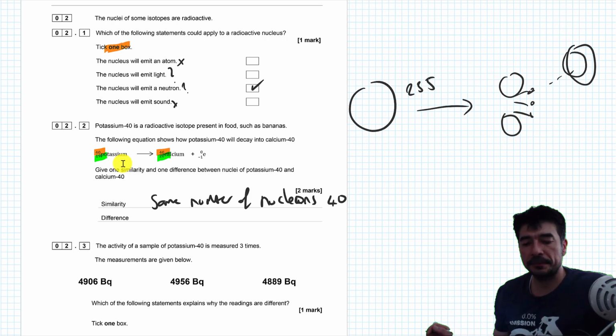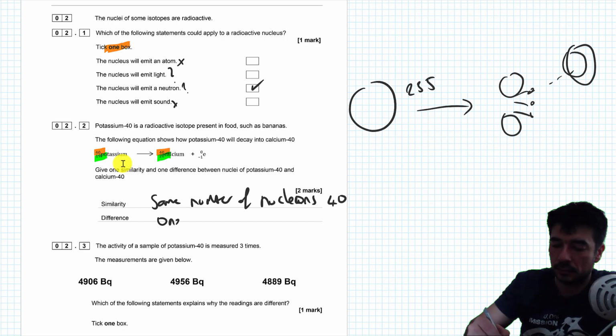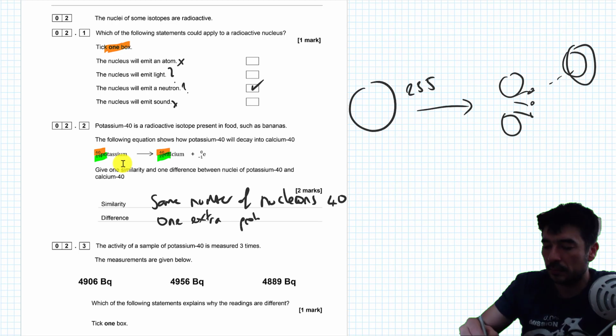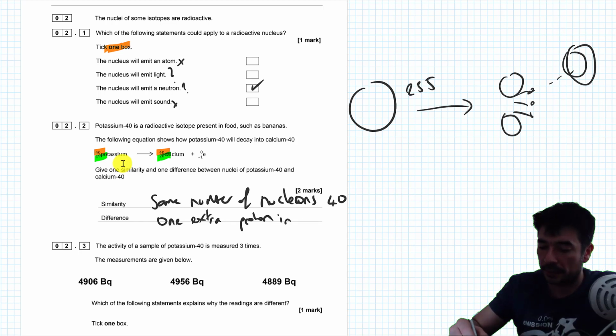And the difference is you must have had a neutron turning into a proton, so we have 1 extra proton. So that's 1 extra proton in calcium.